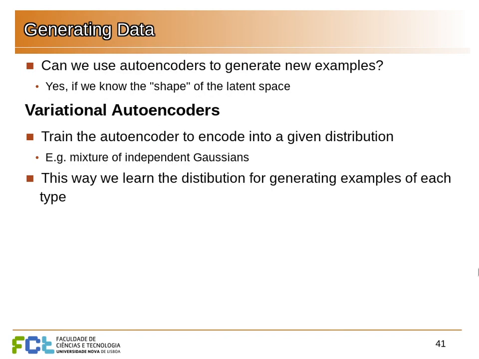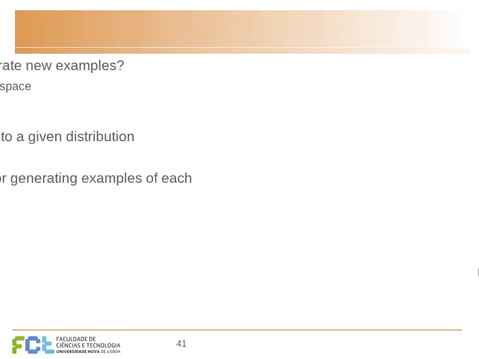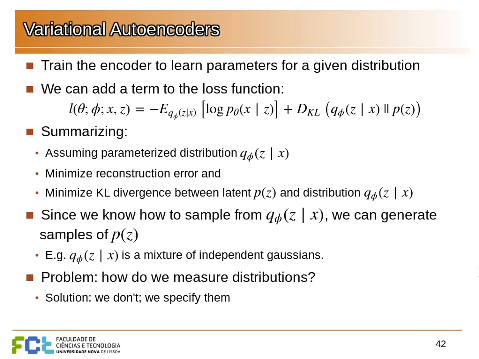One other approach is the variational autoencoder. So what we're going to do is to train the encoder to tell us the parameters of the probability distribution with which we have to sample the decoder to get something similar to that of the input. So this is the idea here. We're going to add to the loss function the difference between the input and the output.